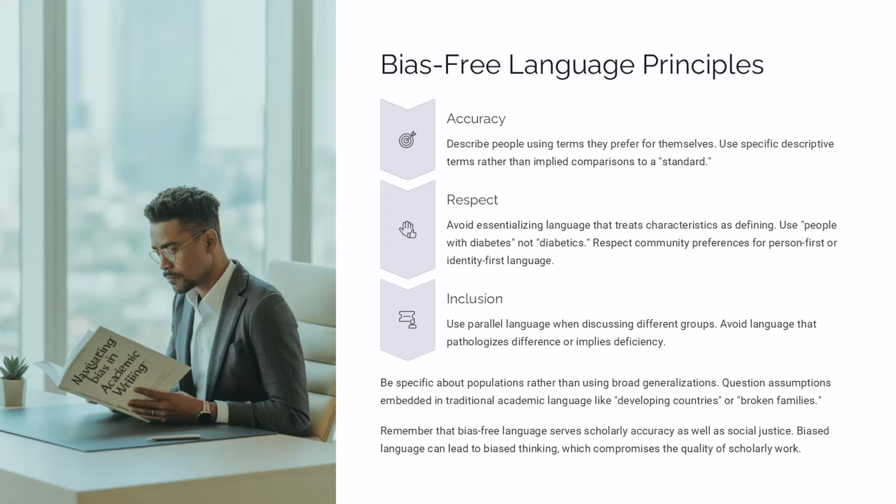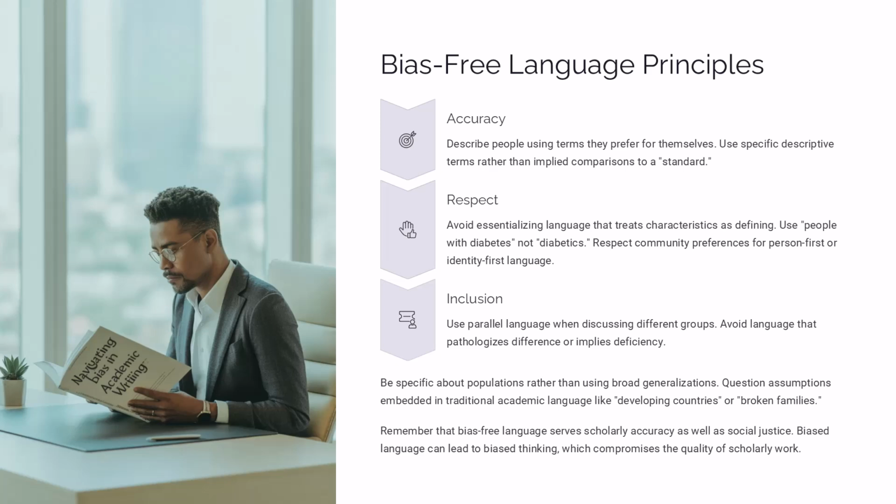The foundation of bias-free language is accuracy in description and attribution. Describe people and groups using the terms they prefer for themselves when possible, and avoid language that reflects assumptions rather than evidence. Instead of writing normal families, when you mean two-parent families, use the specific descriptive term that accurately reflects your meaning, without implying that other family structures are abnormal.